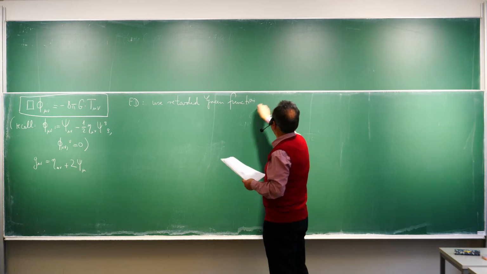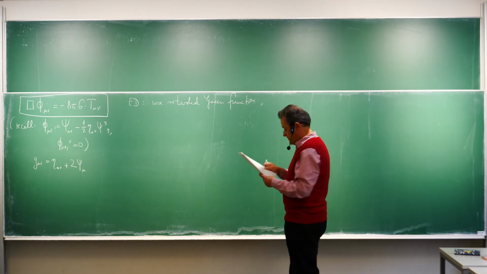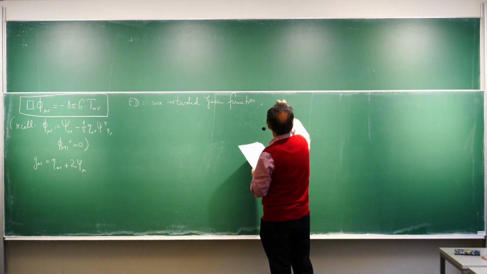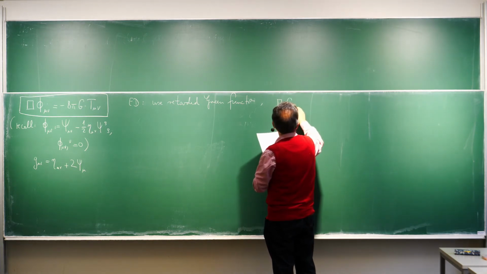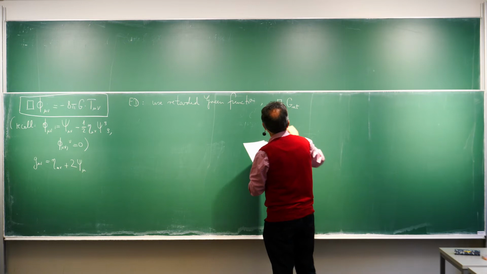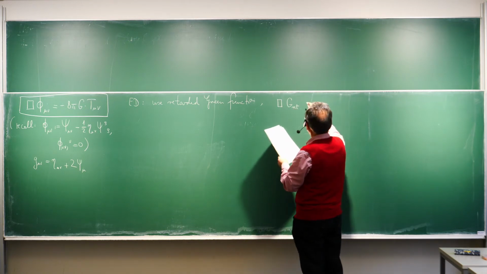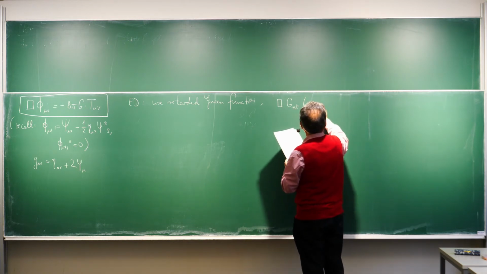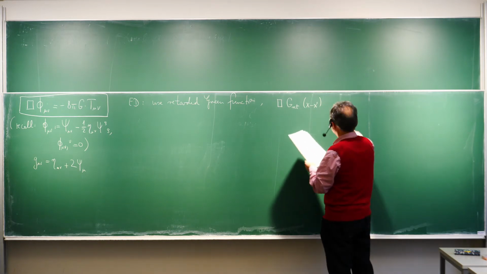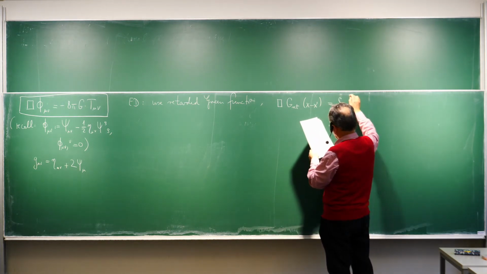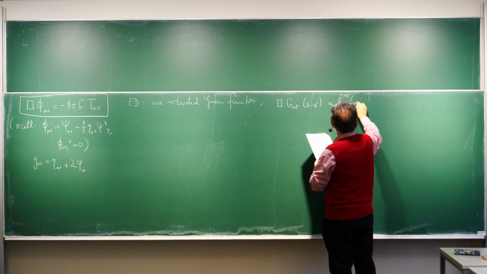Now the retarded Green function has the following defining properties. It obeys a distributional wave equation in the form d'Alembert G retarded depending on x minus x prime, where x stands for the four-dimensional coordinates, equals the four-dimensional delta function.